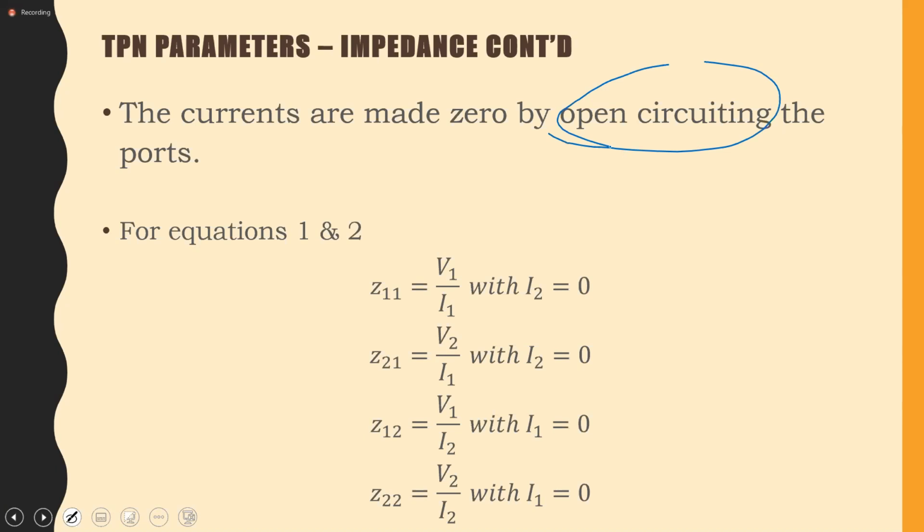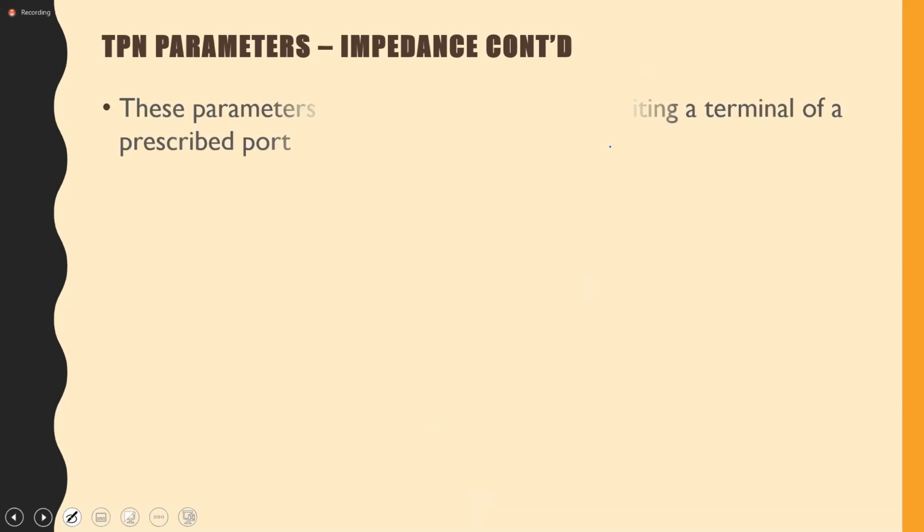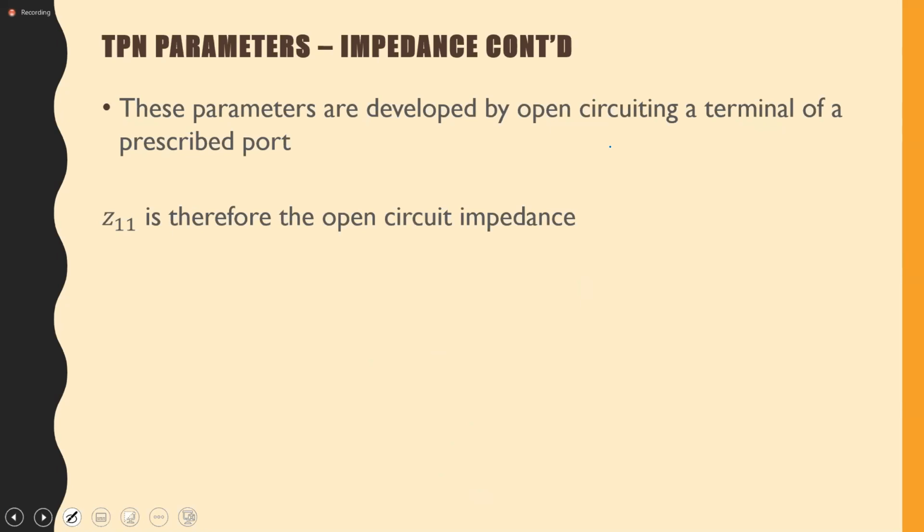So if we go to the naming of the parameters, yes, Z11 is the open circuit input impedance. So let's include their input. So open circuit input impedance.